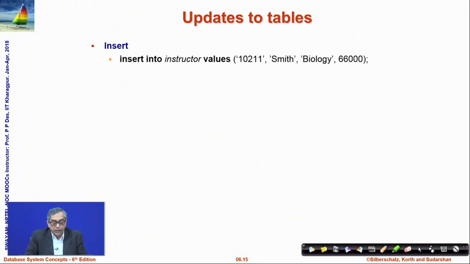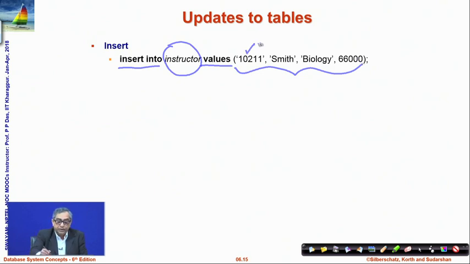Moving on, let us look at how to put records into a table which has already been created. The basic command is insert, and the keywords are insert into and values. In between you write the name of the relation where the record will be inserted, and then the values are put as a tuple in the same order in which you defined the attributes of that relation.